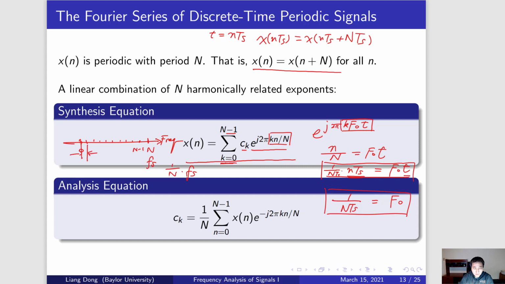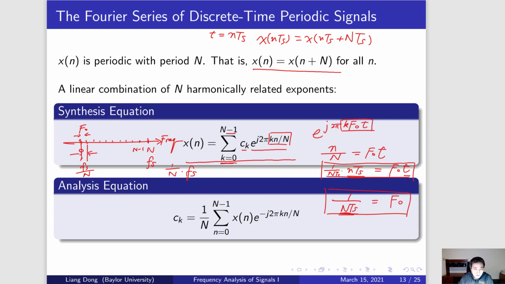This interval, between two consecutive frequency harmonics, is fs over N, which is 1 over N Ts. And that is exactly the fundamental frequency as we defined before. So this part is f0, as we see in the continuous time case.